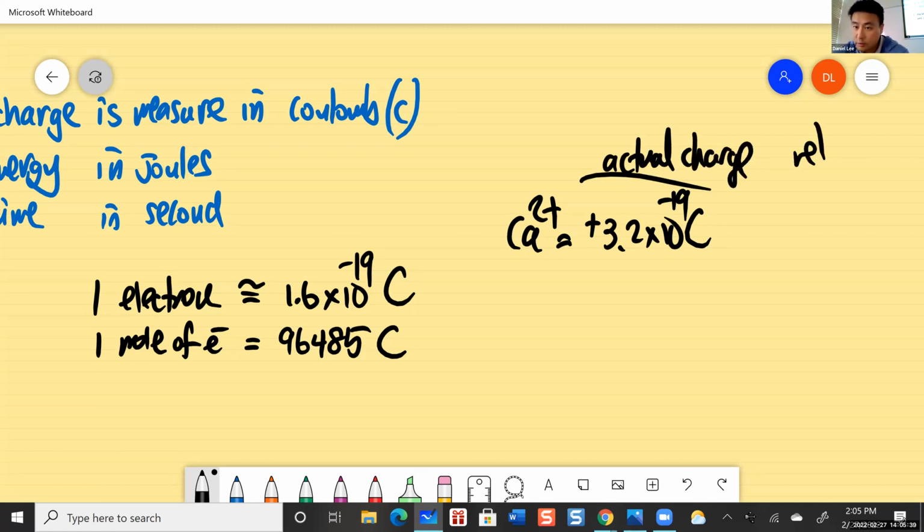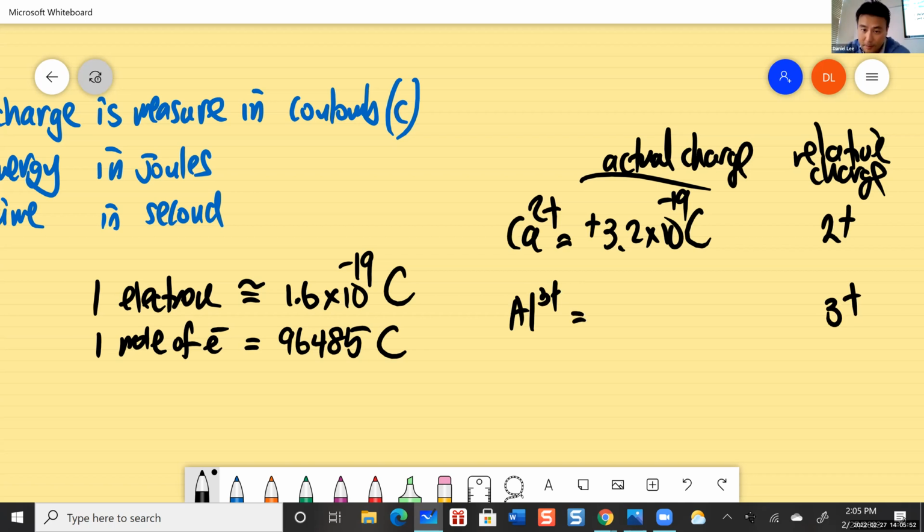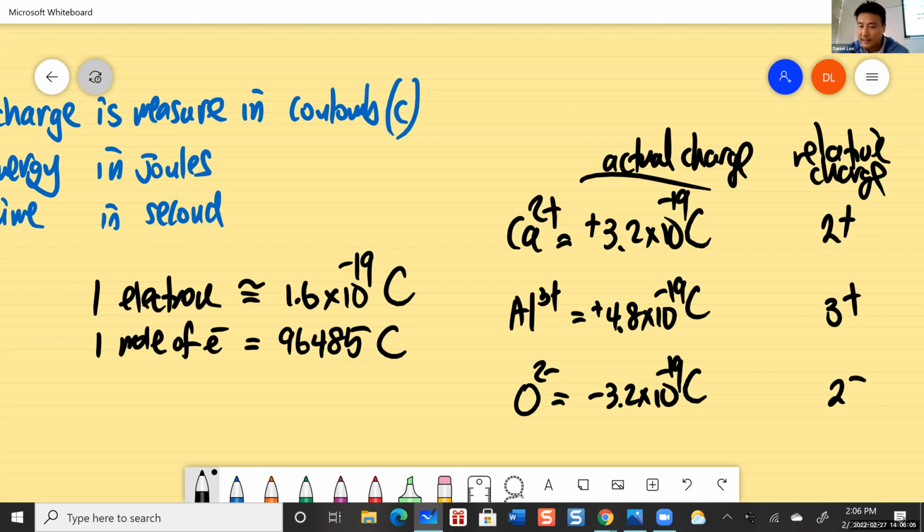We use the relative charge. The relative charge is 2+ because you lose 2 electrons. Same thing with aluminum: the relative charge is 3+, much easier to say than positive 4.8 times 10 to the negative 19 coulombs. Oxide is 2-, the relative charge, instead of negative 3.2 times 10 to the negative 19 coulombs. But charges are in actuality measured in coulombs.